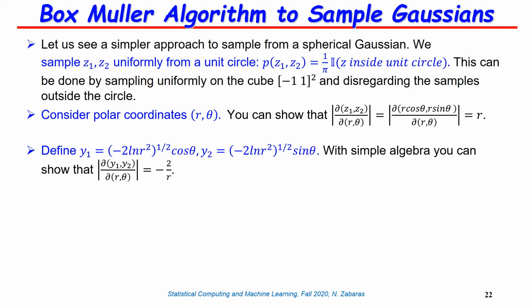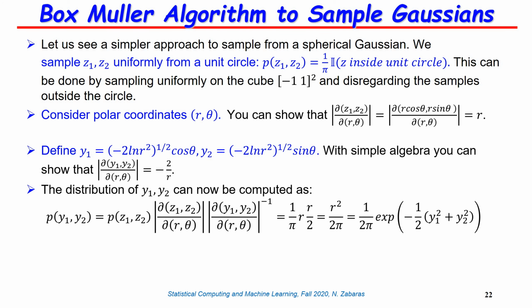So now what I'm claiming is that if I compute the distribution of y1 and y2 using the distribution of z1 and z2, which is, you remember, the uniform distribution over a unit circle, then the distribution that I'm going to get corresponds to 2 uncorrelated univariate Gaussian distributions.